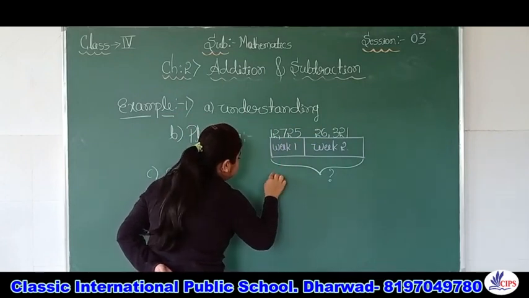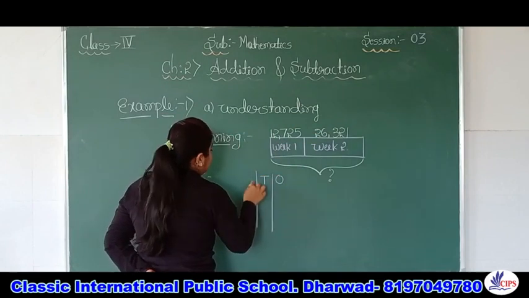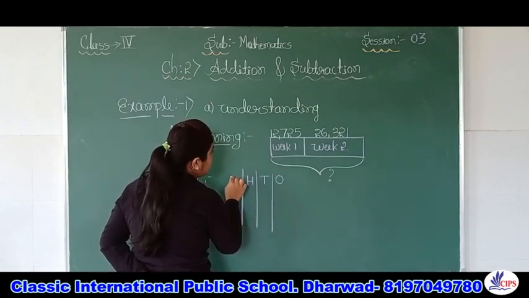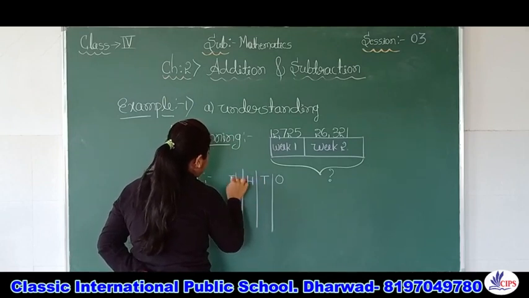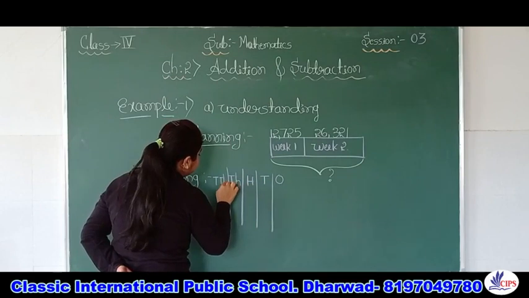Ones, tens, hundreds, thousands, 10,000.